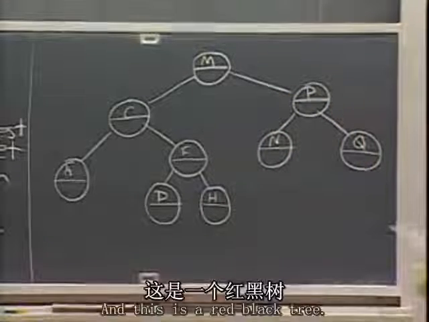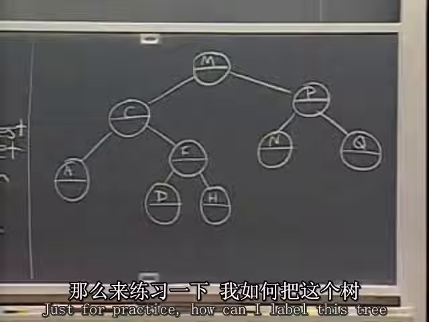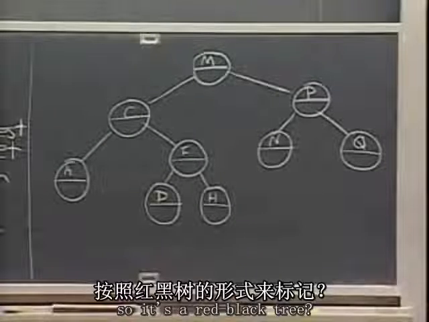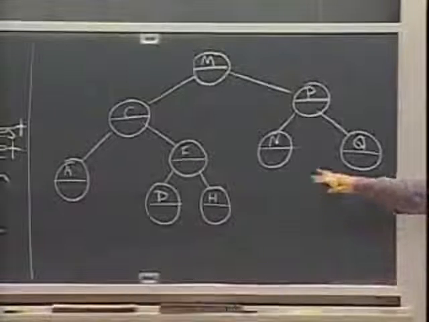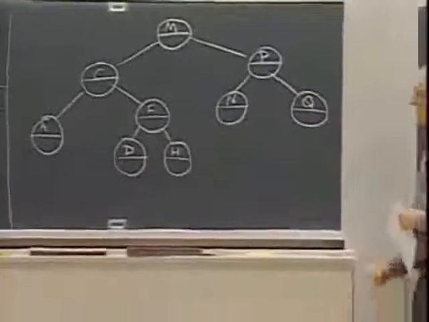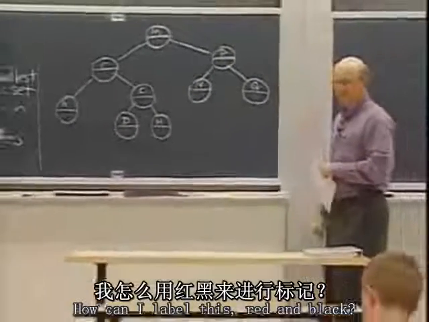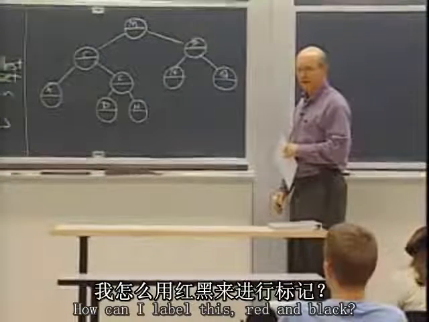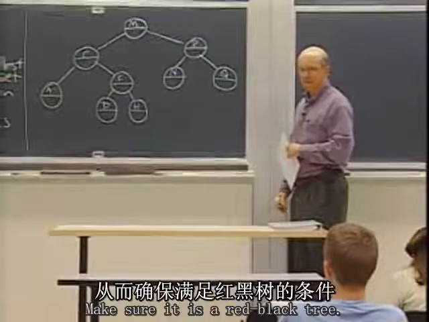Okay, and this is a red-black tree, so just for practice, how can I label this tree so it's a red-black tree? I haven't shown the nils. Remember, the nils are all black. So how can I label this red and black, making sure it is a red-black tree?